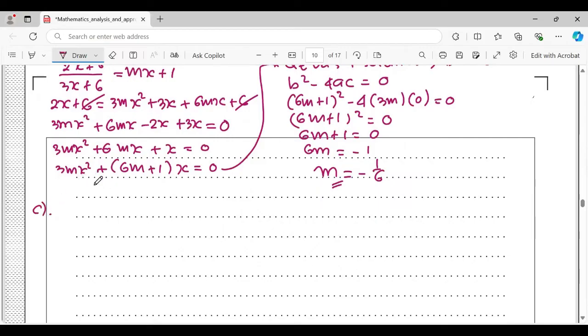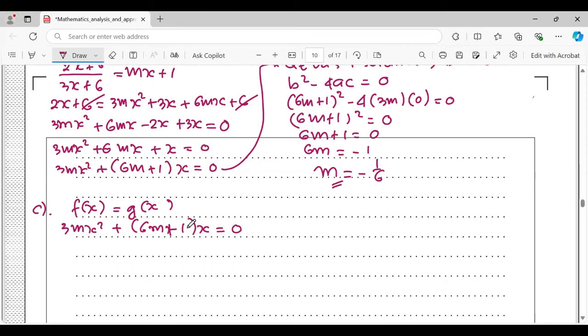Part C, f(x) equals g(x) becomes 3mx squared plus (6m plus 1)x equals 0.